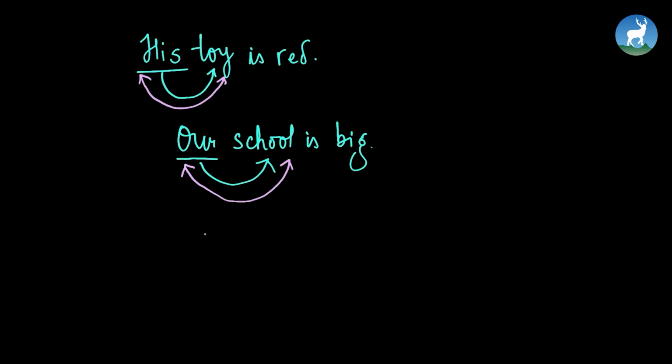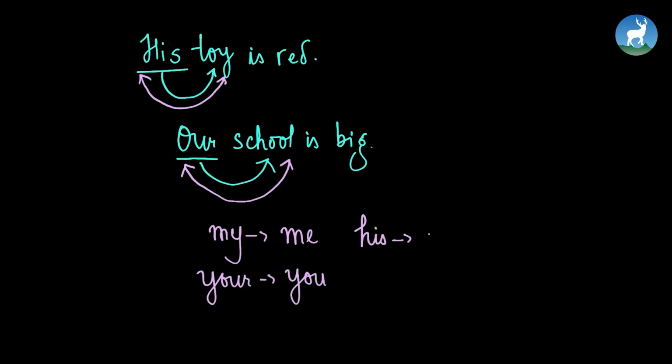So, here, my is going to be for the things that belong to me. Your is going to be for the things that belong to you. Likewise, his is going to be for the things that belong to him. Likewise, her is going to be for the things that belong to her. Okay?